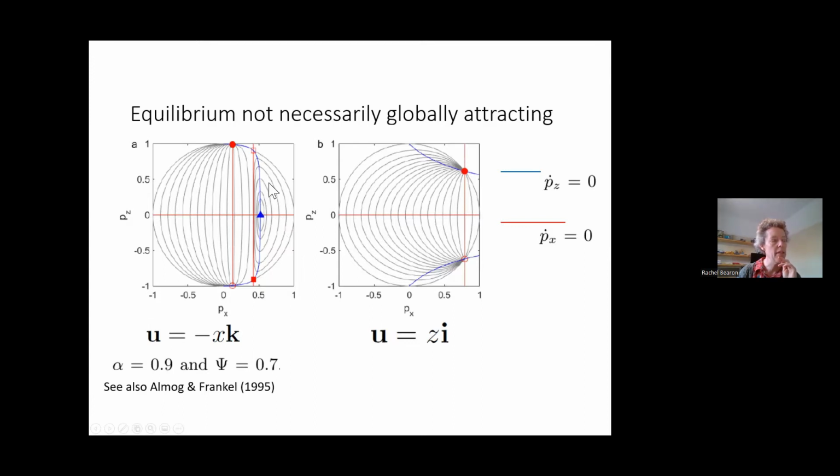So there is this tumbling, this orbit behavior, even though the parameters permit an equilibrium solution. So tumbling occurs more than you might expect if you're just looking at where equilibria are feasible. It only happens for the vertical flow. For the horizontal flow, the equilibrium is always globally attracting.